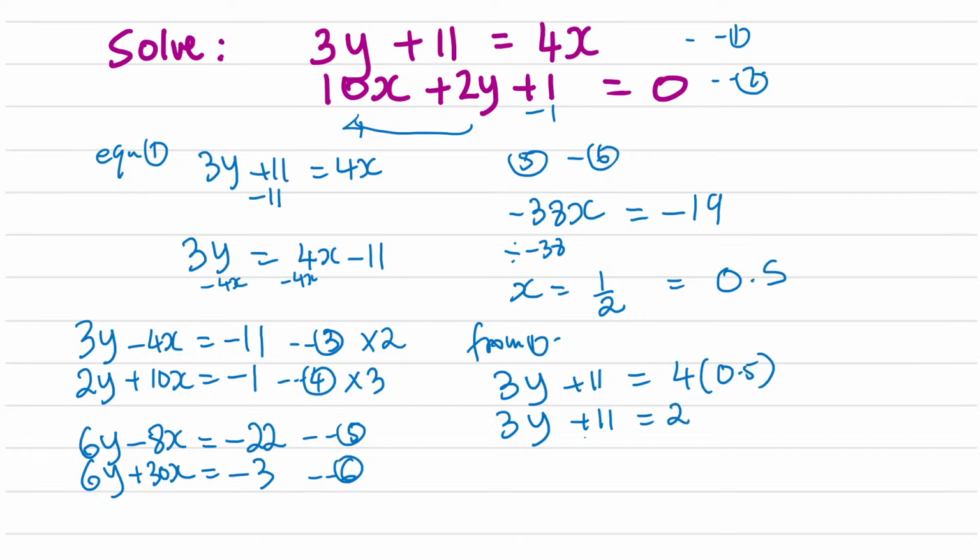So if you rearrange this, take away 11, you have 3y equals 2 take away 11. That will give you negative 9. This means y is going to be equal, divide both sides by 3, negative 9 divided by 3, which is negative 3.